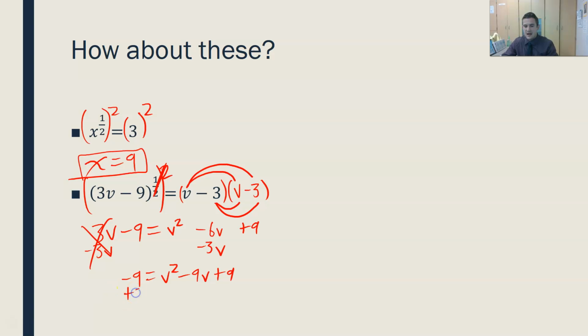And I would add 9 on both sides, which would give me 0 equals v squared minus 9v plus 18. And now this is a quadratic expression that I can factor. So I could solve this either by factoring or using the quadratic formula, if you remember that from a little while ago. Or I can solve this by factoring.